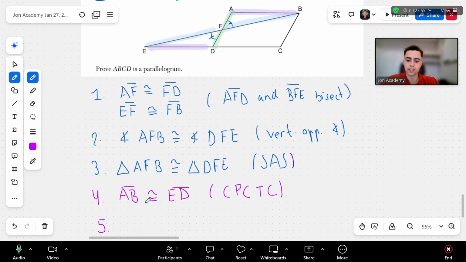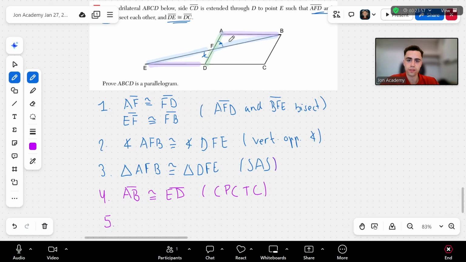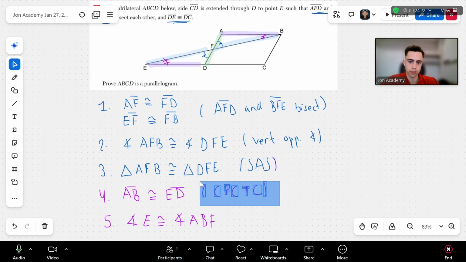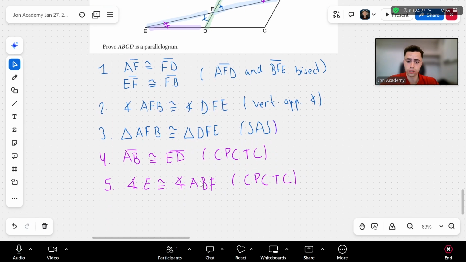And on top of that, we also have another one that is going to be these two angles. The angle at E is congruent with the angle there, no? So that's going to be angle ABF, and the reason is the same one: congruent parts of congruent triangles are congruent.